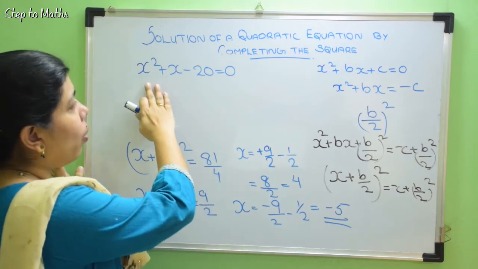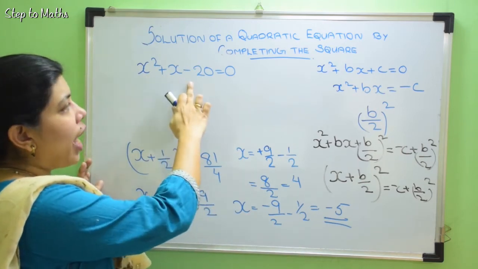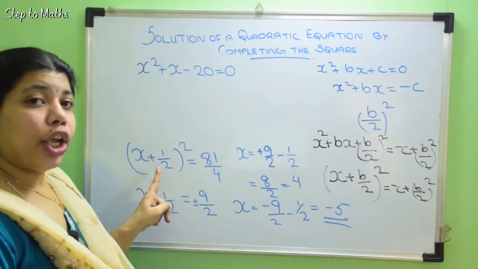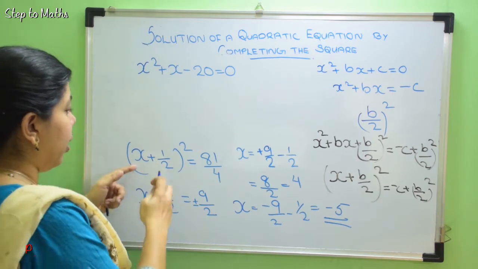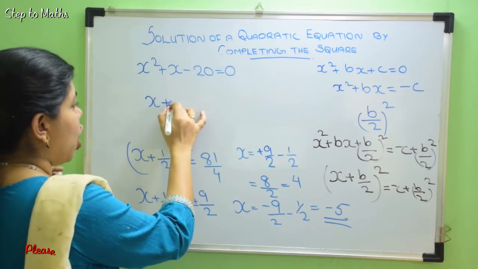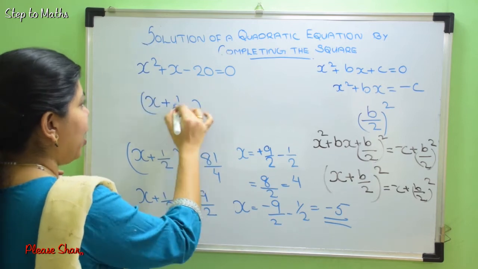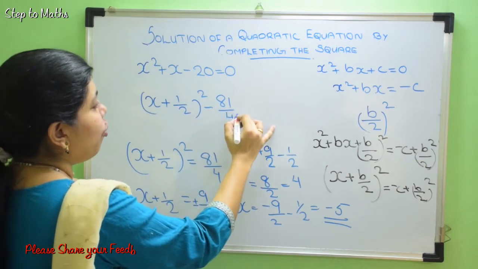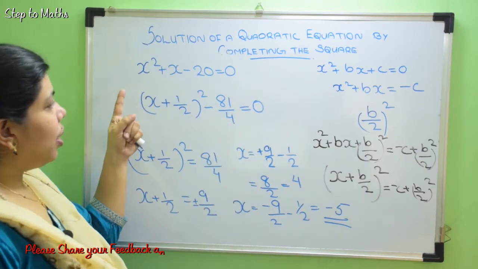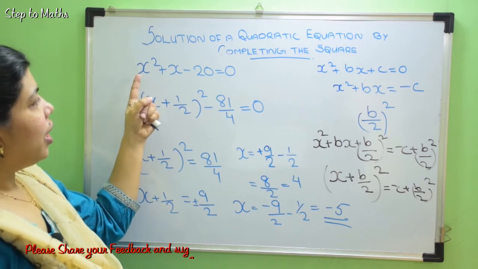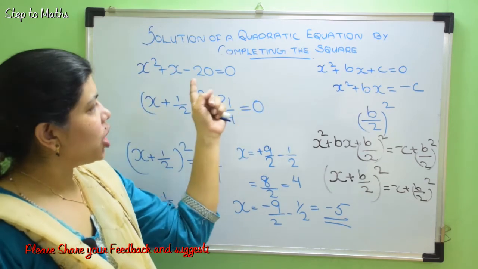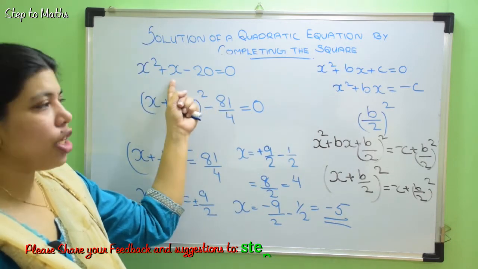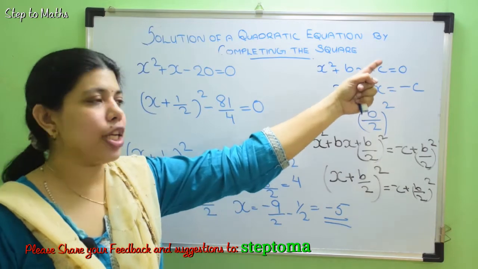Here the quadratic equation x square plus x minus 20 is converted into (x plus 1 by 2) square minus 81 by 4 is equal to 0. The given quadratic equation is in the form x square plus bx plus c is equal to 0.